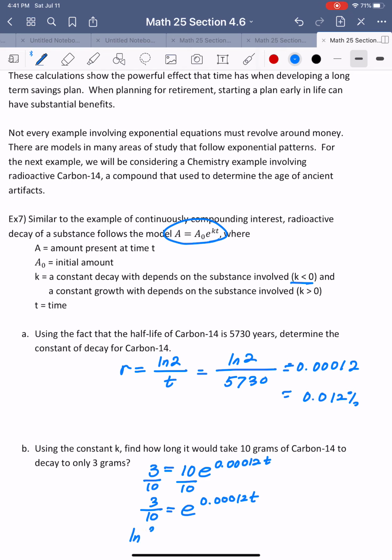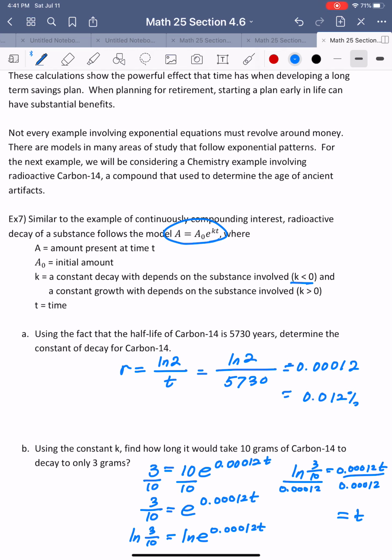Of course, ln is better for this one. Take ln of both sides, ln of 3/10 equals 0.00012 t. Then for t, divide both sides by 0.00012. Then t equals, and use your calculator, ln of 3/10 divided by 0.00012. It comes out negative.